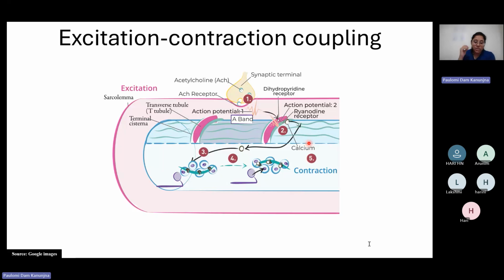Let me just tell you, if you can't remember, you have increased cytoplasmic calcium. When there is increased calcium, it binds to troponin C, which is on the actin filament. As soon as troponin C is bound to calcium, tropomyosin will move. As soon as your tropomyosin moves from the actin filaments, myosin comes and binds to actin and pulls it towards itself.